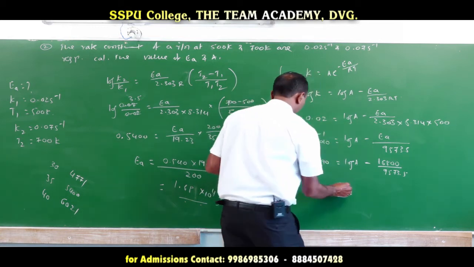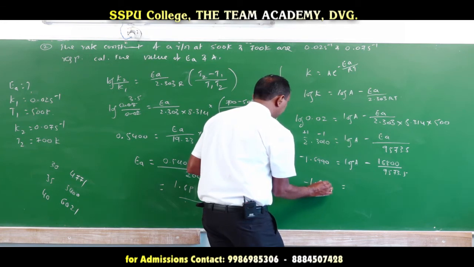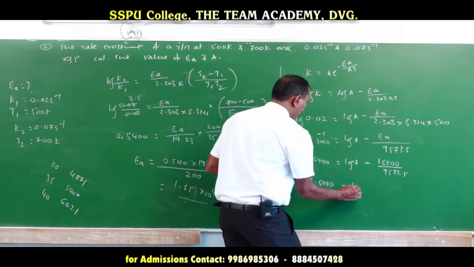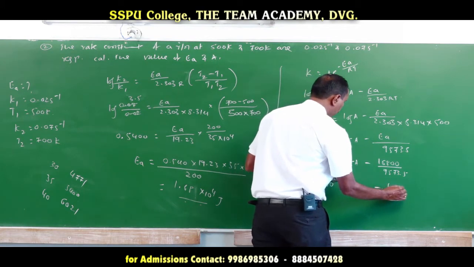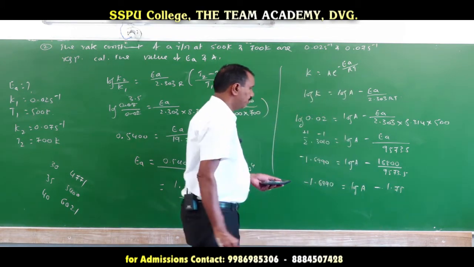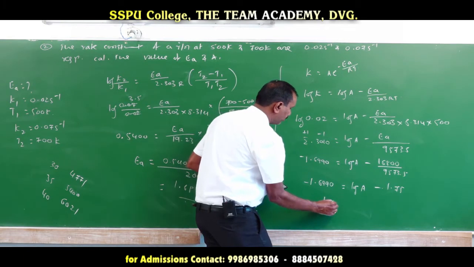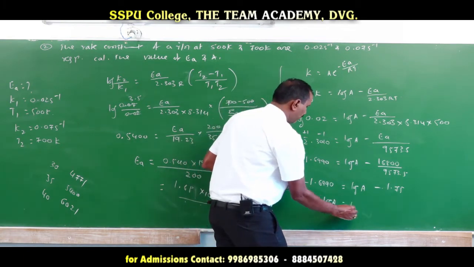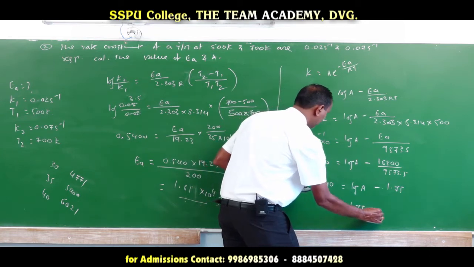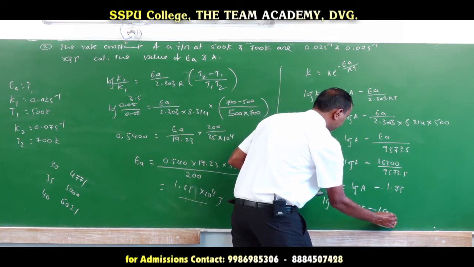So minus 1.6990 equals log A minus 1.75, where log A equals 1.75 minus 1.6990.